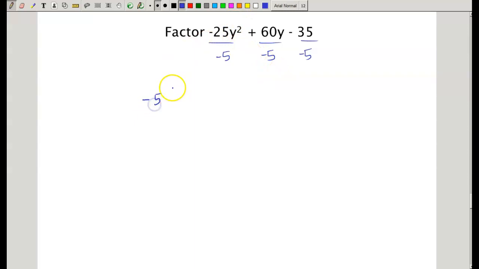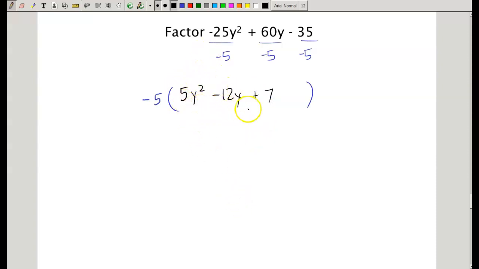I'm going to put that off to the left here, and I'm going to write what I get left over. So if I divide everything by -5, this would become a 5y squared. This would get minus 12y, and then this would be plus 7. So we take out a -5, and that's the first major step.